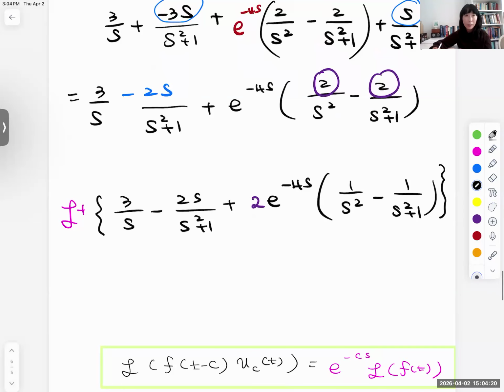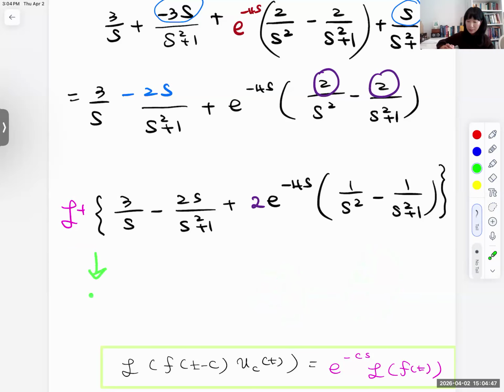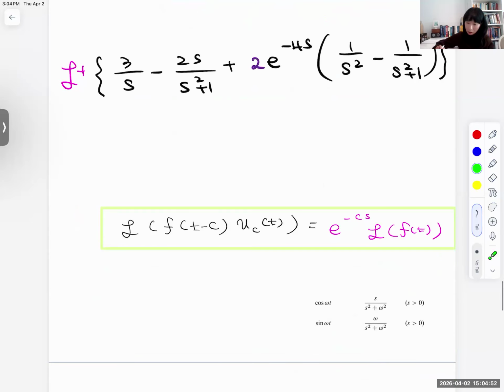Let us do the left side first. We had this one earlier, right? If we had 1, then we take the Laplace, then 1 over s. So we had 3, then it will be 3 over s. But then this is the inverse. If we have 3 over s, then we get 3. Make sense? Now, what about this one?